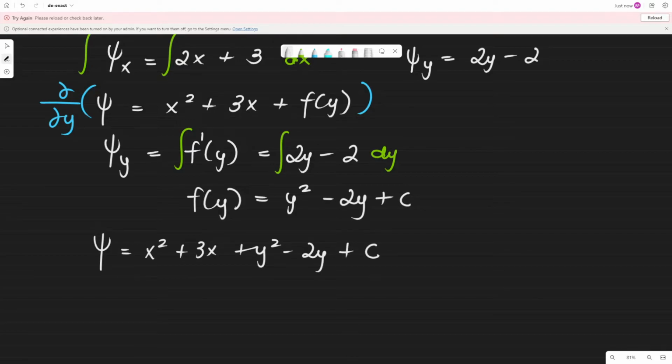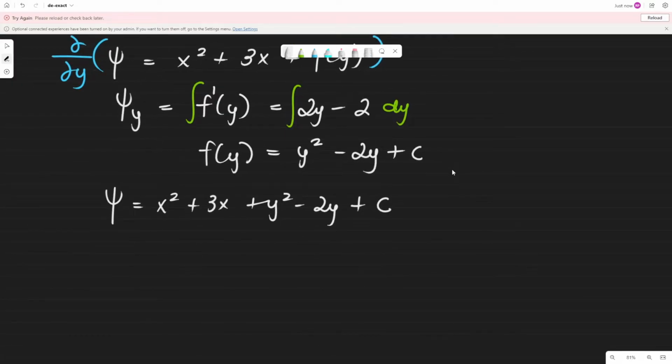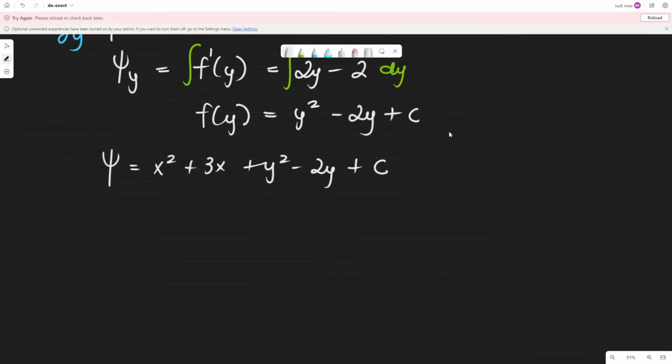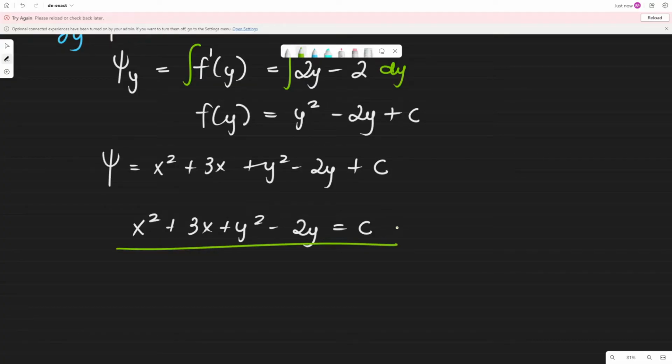Then, this is a shortcut, but you need to understand that we are just combining arbitrary constants. So, just going to transfer c to the other side. So, we will have our solution, x squared plus 3x plus y squared minus 2y is equal to c. So this is our solution to the differential equation.